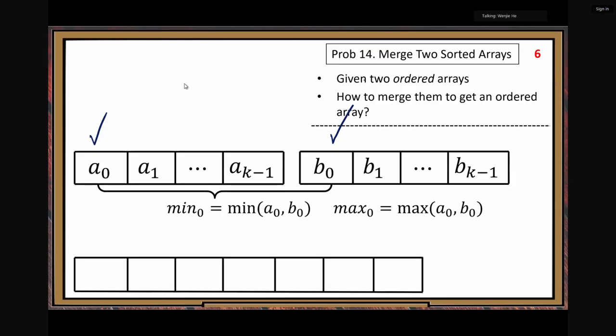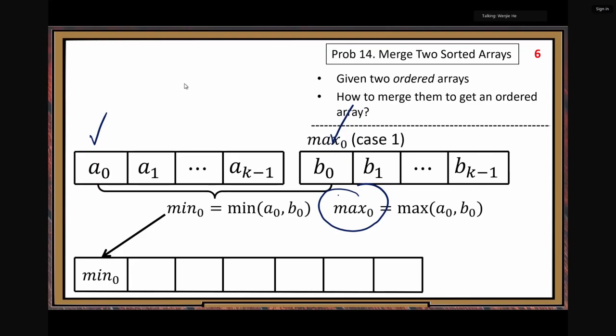After the first comparison, we first put min 0 in our destination array. We still don't know the position of max 0, so we need another comparison.